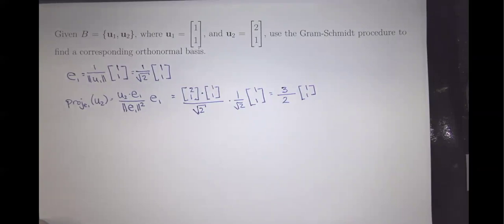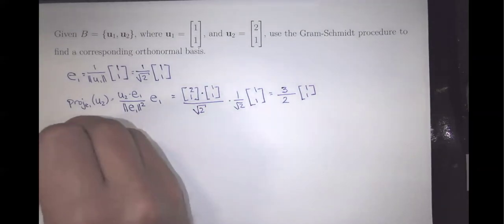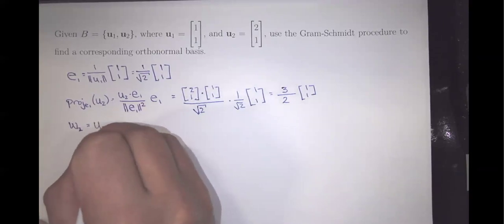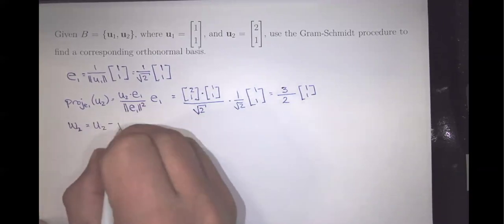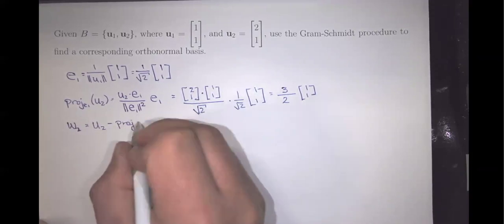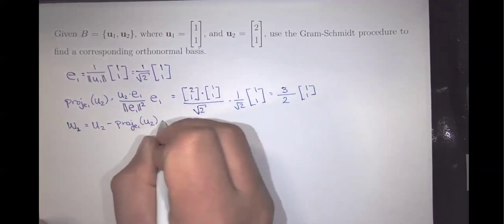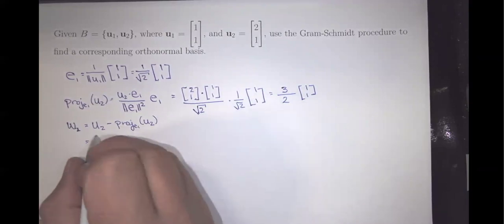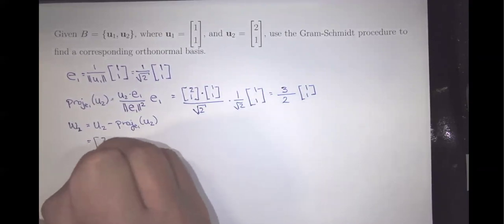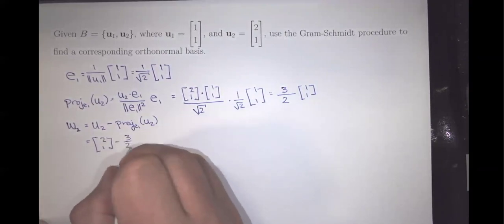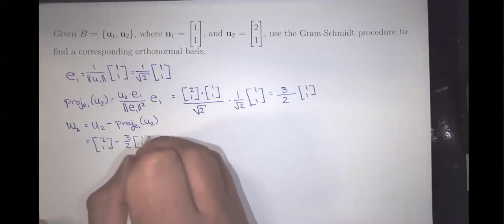And so we can figure out the orthogonal projection, or what we call W2, which is u2 minus that projection. So this is (2, 1) minus 3 halves (1, 1).